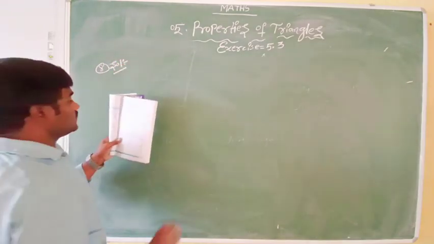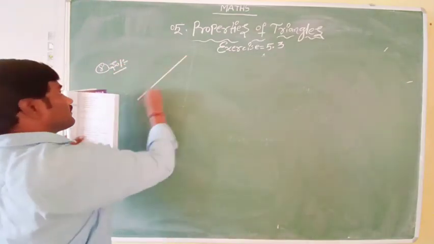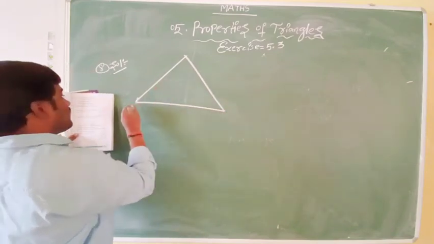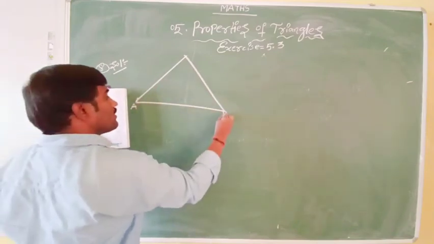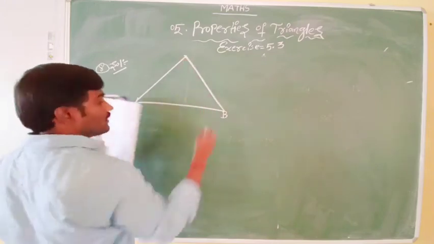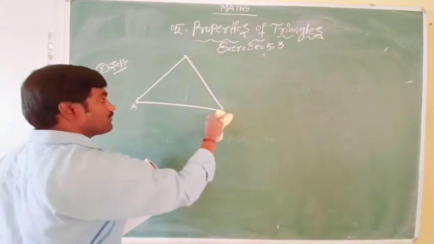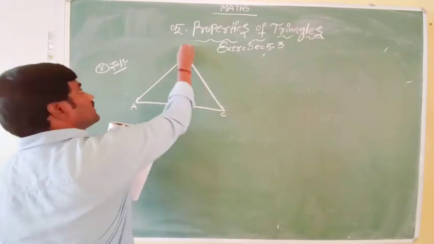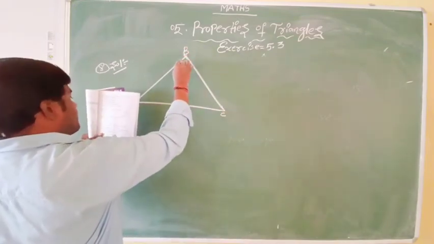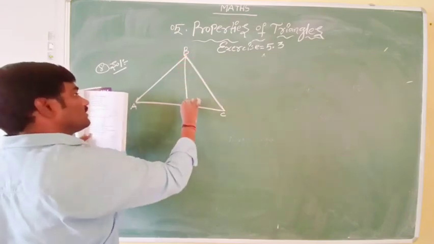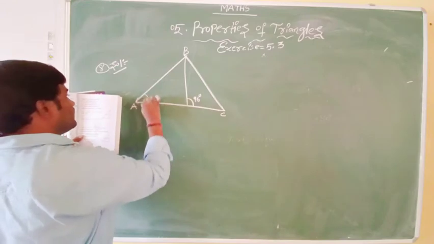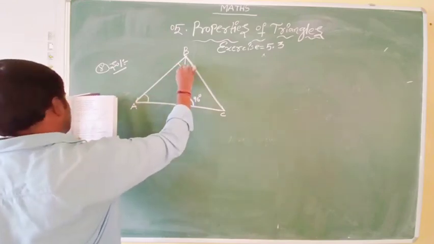In question number 8, here it is triangle, here it is C, here it is B. Here 96 degrees is given, and here there are some angles.